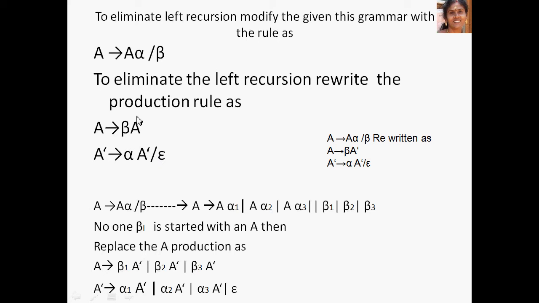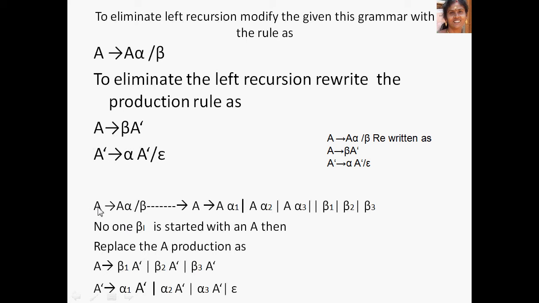We can check whether this is correct or not. You take your A production. That is, the A production is rewritten with the help of these two production rules. So now we are going to check that these two things are equivalent to this production rule.